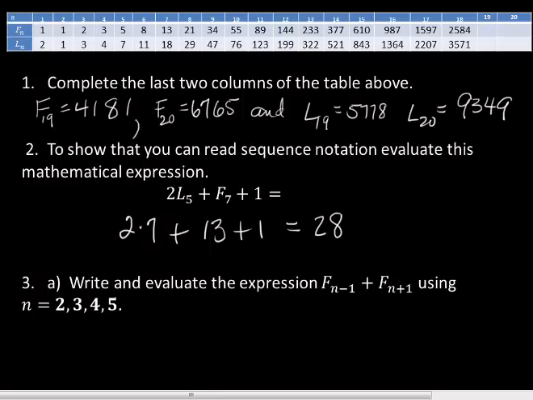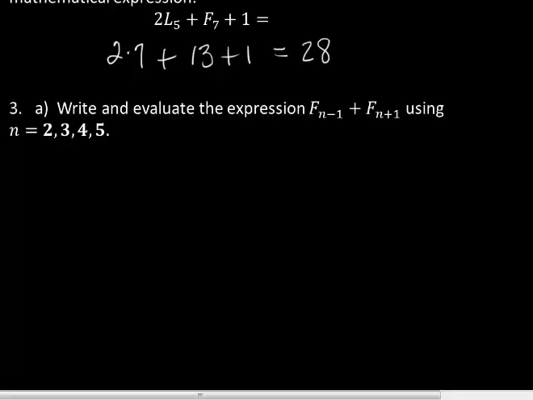So now problem number 3, we want to write and evaluate the expression F sub n minus 1 plus F sub n plus 1 using n is 2, 3, 4, and 5. So we want to compute 5 examples of this expression.